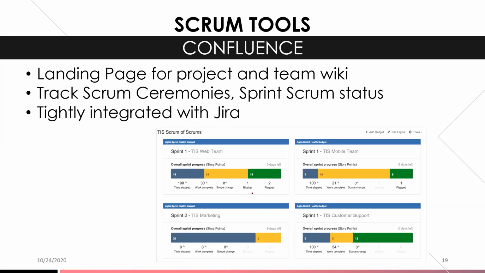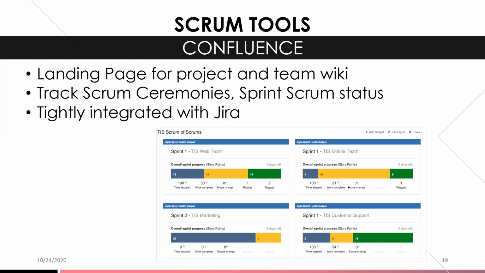You could bring in your Scrum, and then you could see, for example, okay, for this sprint, this team has 30% of the work complete. And going to the right, this team has 21% of the work complete. They had 0 scope changes, right?